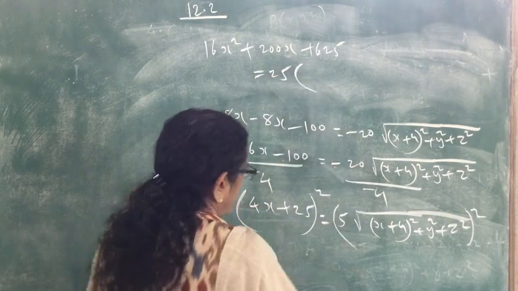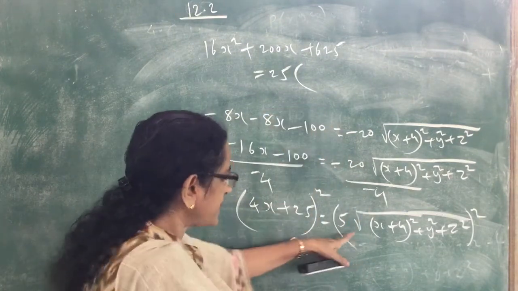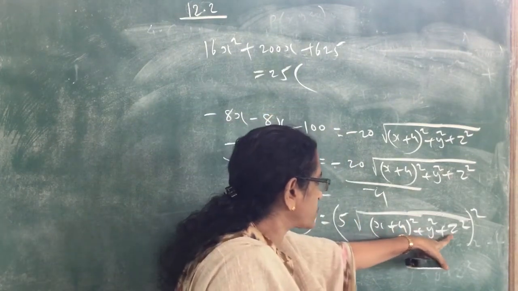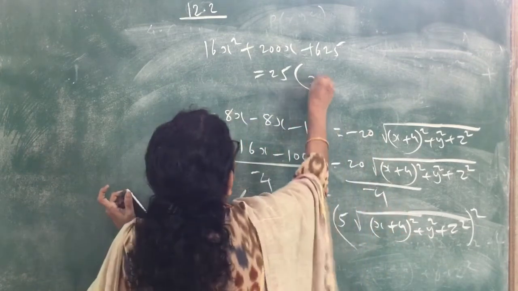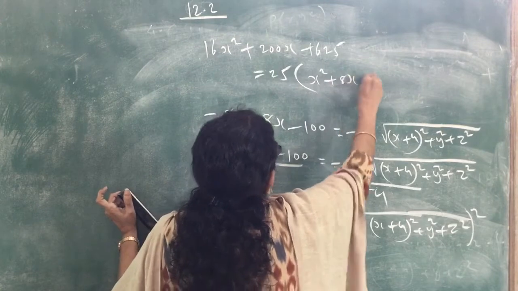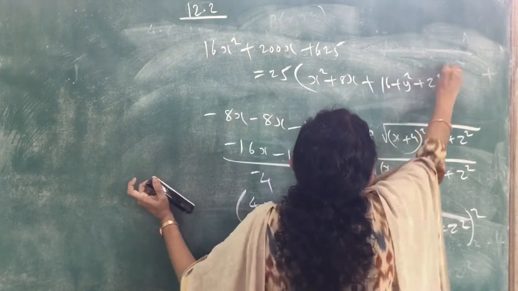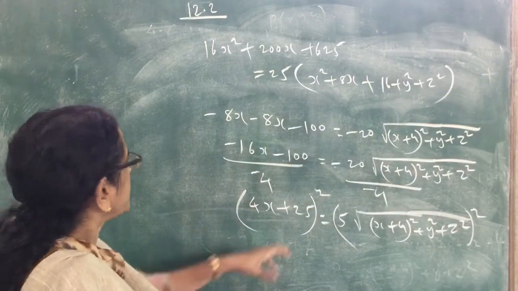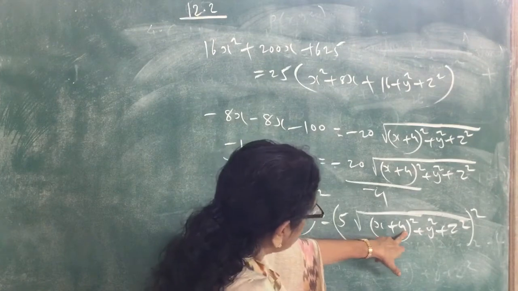25 into, when we square this, the square root will be removed. So into inside the bracket (x plus 4) whole square plus y square plus z square. We expand (x plus 4) whole square: x square plus 8x plus 16 plus y square plus z square. So we got 25 into (x square plus 8x plus 16 plus y square plus z square).